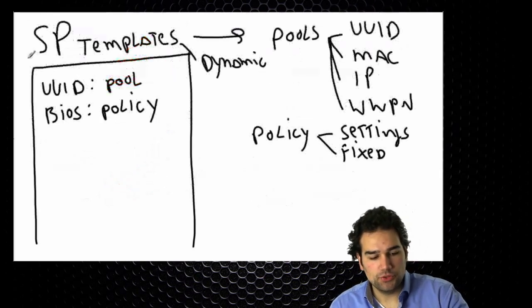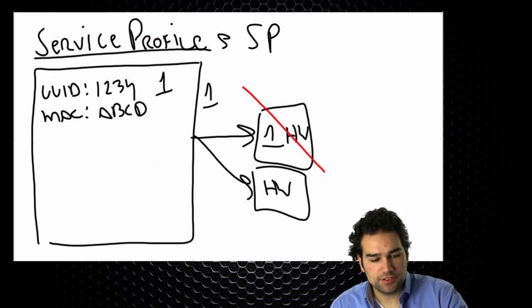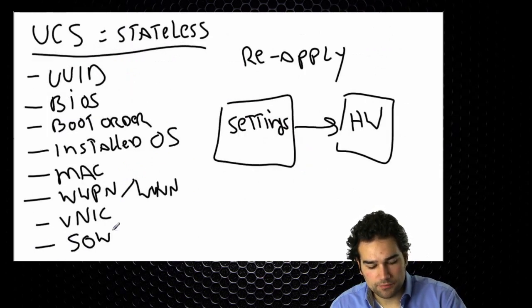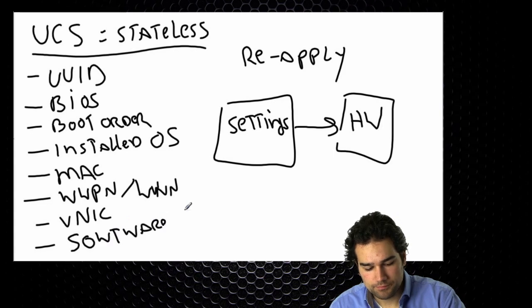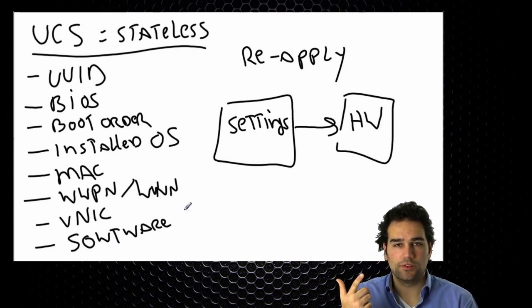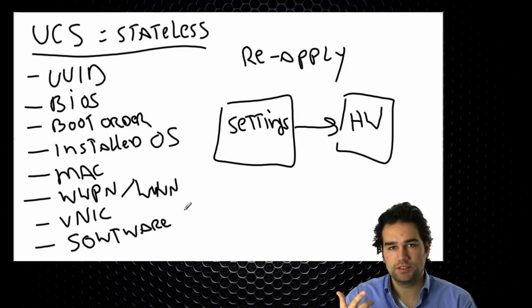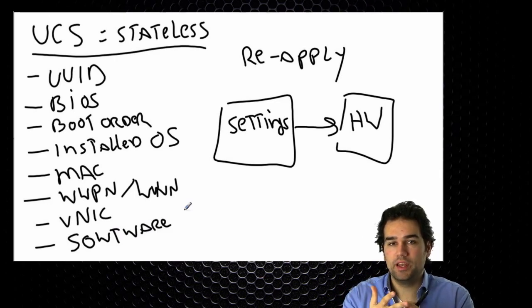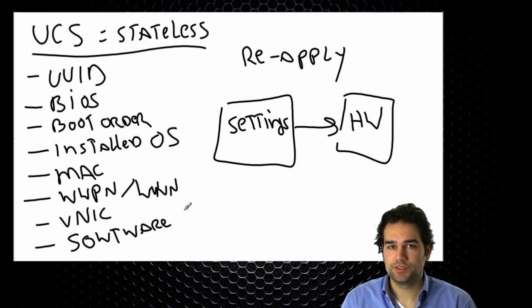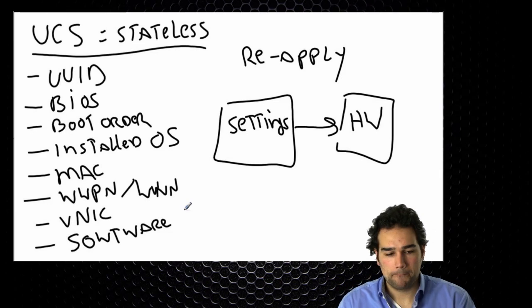Now another thing that you keep in as a setting for your state is of course software. What software version am I running on the BIOS? What software version am I running on the RAID controller of my local disks? What software version am I running on the network interface card, so the Emulex or the Cisco card? There are a number of firmware versions in the blade that also need to be maintained.